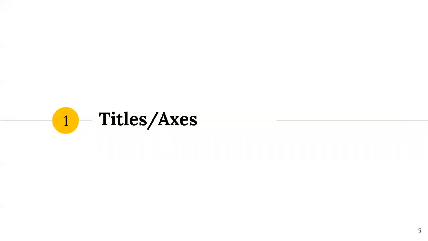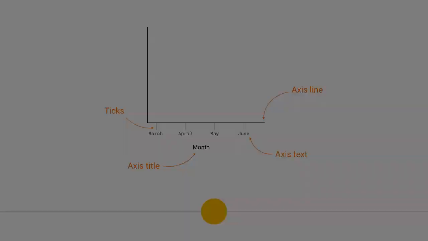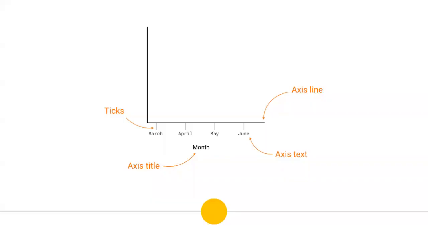Okay, so the first one is titles and axes. Let's start off with differentiating what all of these things on a graph could be. This would be our axis title, so this is the x-axis. If you were to have one on the y, that would go there, but we're going to talk a little bit more about that later.